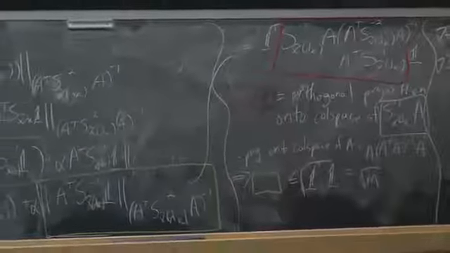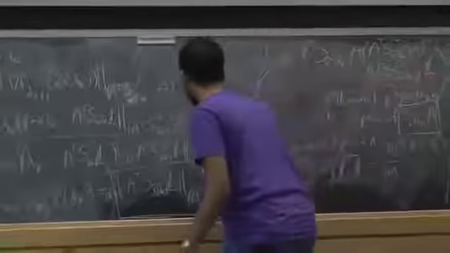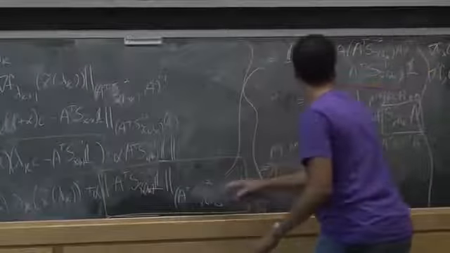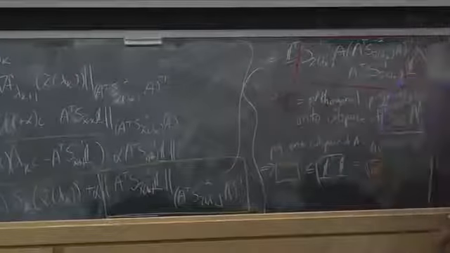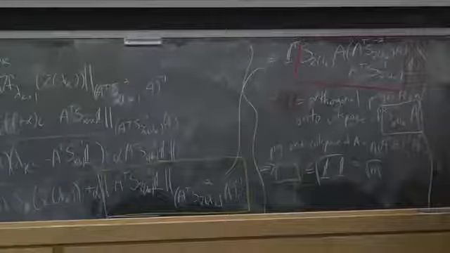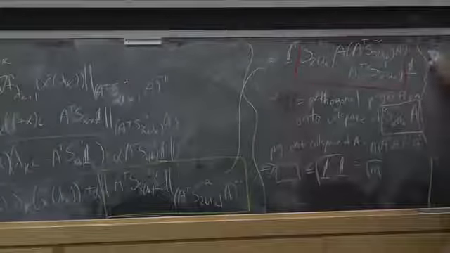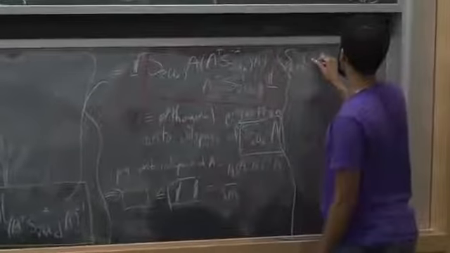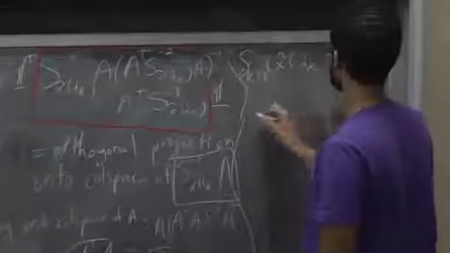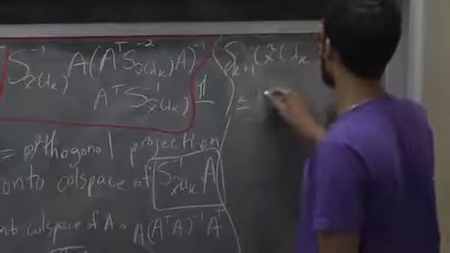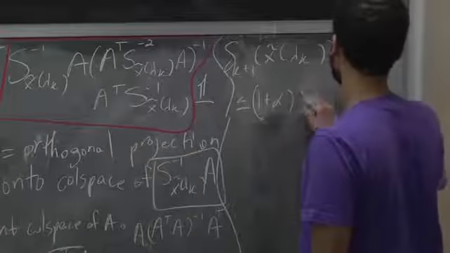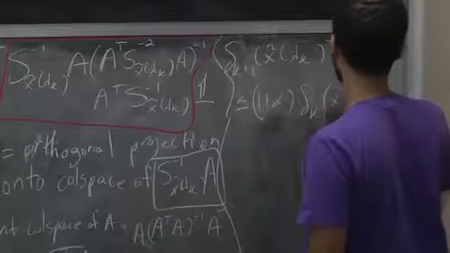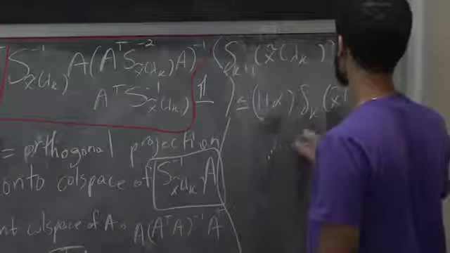So what we've shown, at the end of the day, is that delta k plus 1 at x tilde lambda k is at most 1 plus alpha delta k x tilde lambda k plus alpha root m.